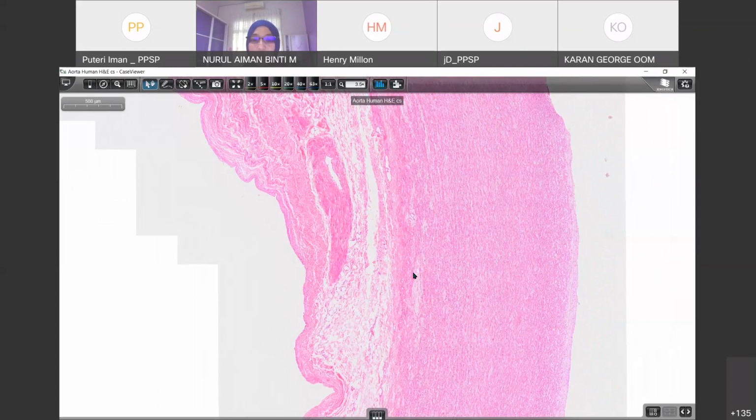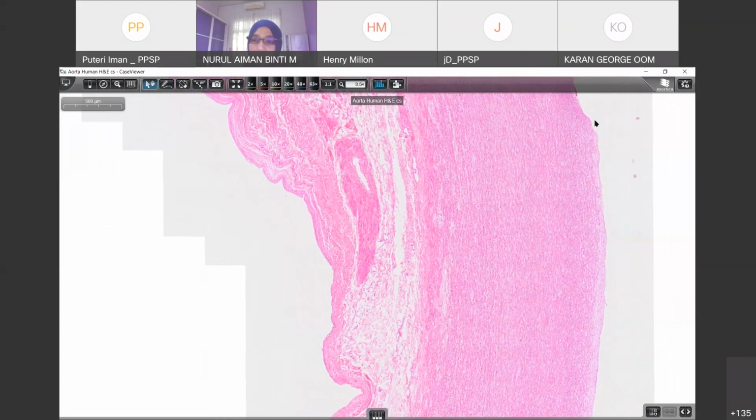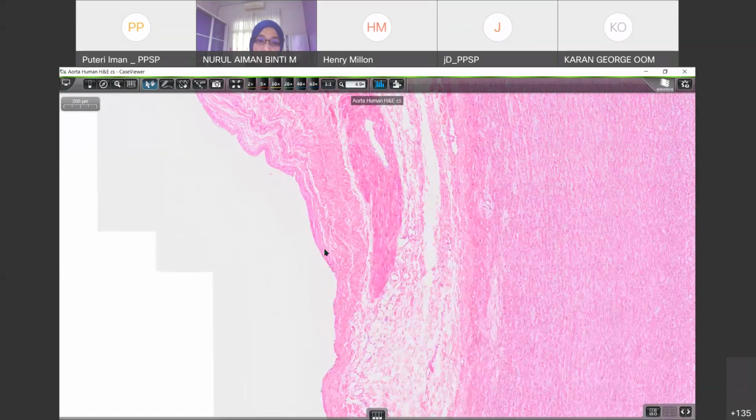It's not going to be in the middle. It covers the outer or internal part of the organ. So this is the aorta; if it's not here, it's going to be here. Try to focus on the internal part.